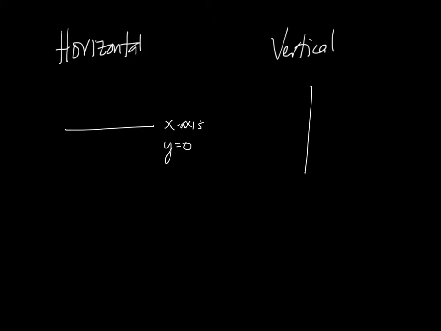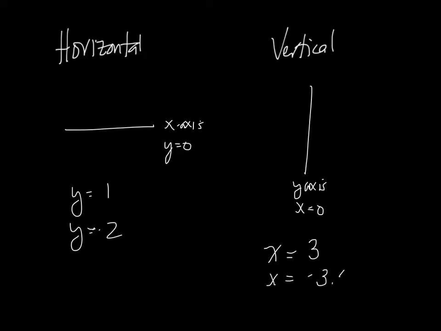So all your horizontal lines are going to be where y equals a number, so y equals 1 or y equals negative 2. Your vertical line is like the y-axis, but at the y-axis, x equals 0. So your vertical lines are going to be where x equals various numbers, and they go vertically. So x equals 3, or x equals negative 3.5. Those are examples of vertical lines.